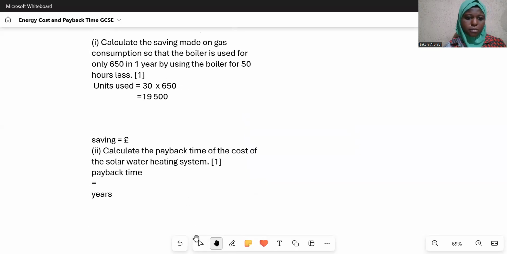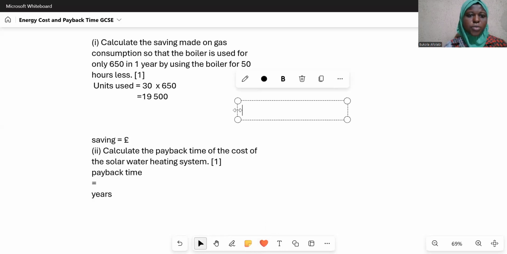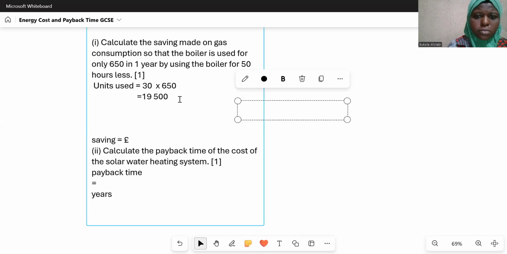So we'll be using 19,500 units. So let's calculate the savings. First, what is the cost of using 19,500 units?